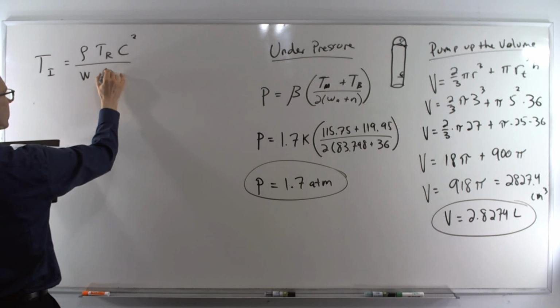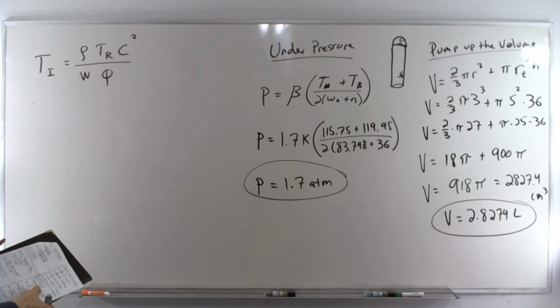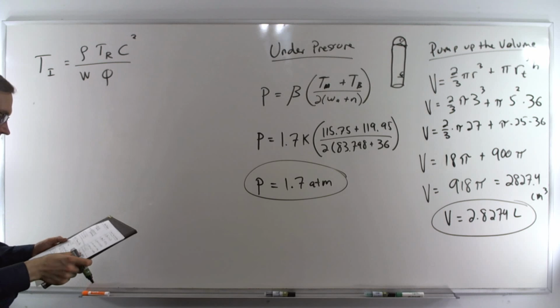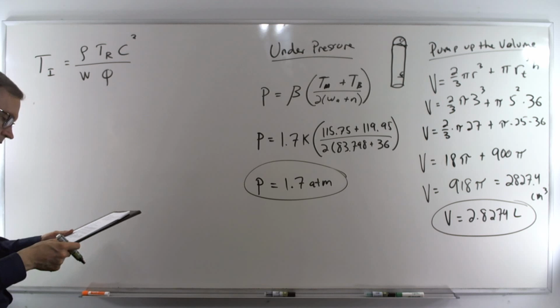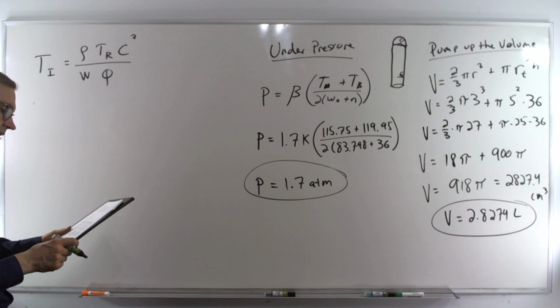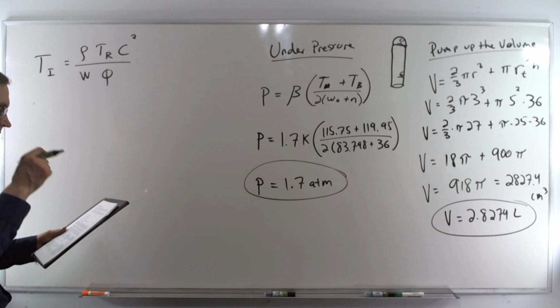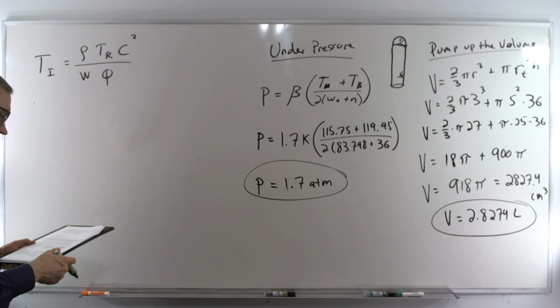You don't have to know what any of these mean or what they are. You just need to be able to find the values and put them in the formula. All right, T sub L is the temperature inside the tank in degrees Kelvin.